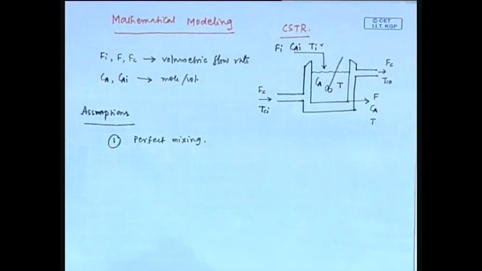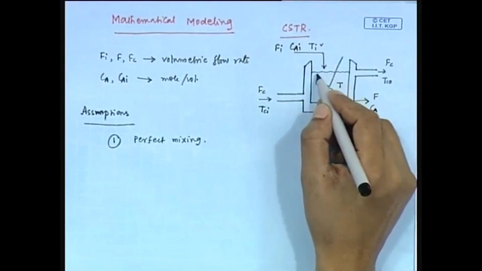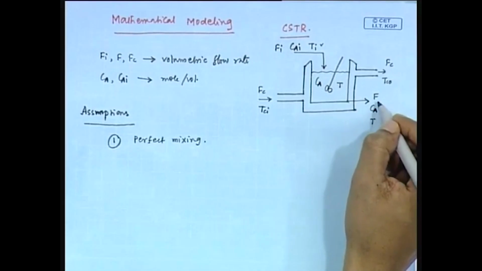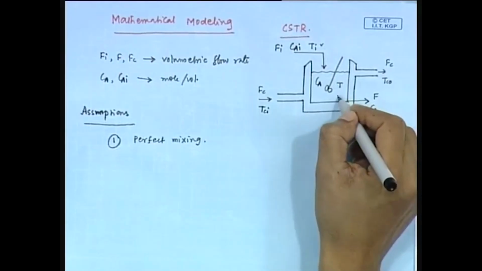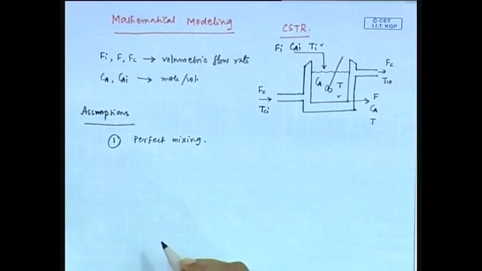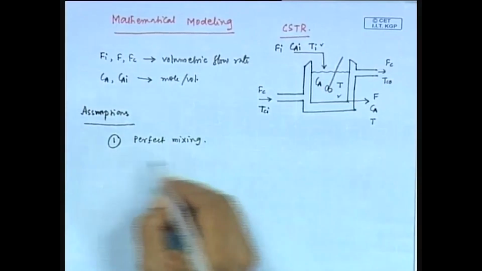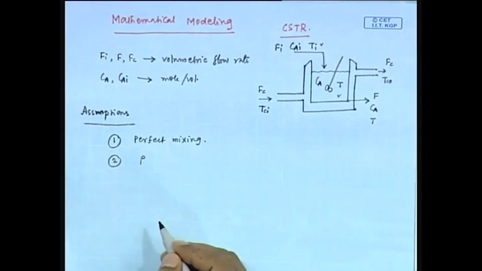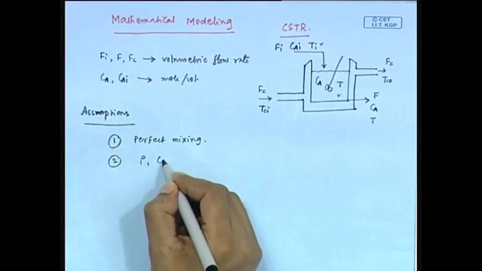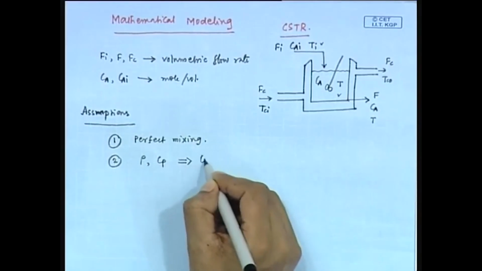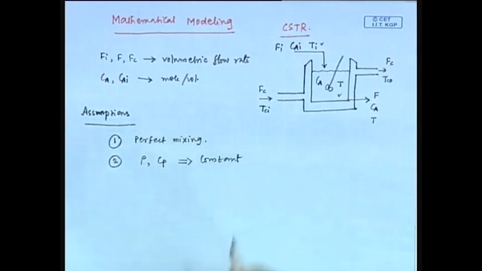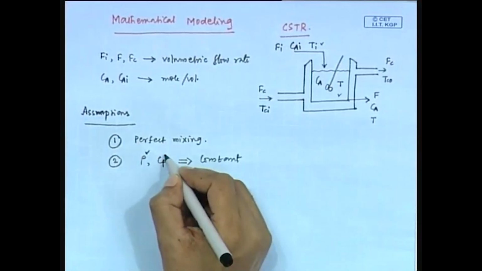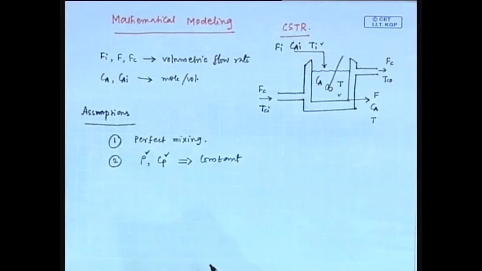Perfect mixing indicates that everywhere in this tank temperature and concentration are identical, and the outlet temperature and composition are also identical with the temperature and concentration of the reacting mixture. Second assumption is that liquid density rho and heat capacity Cp are constant.